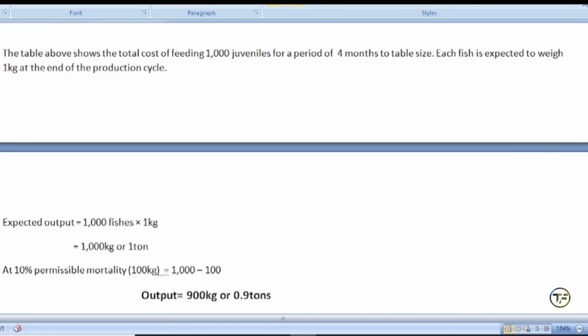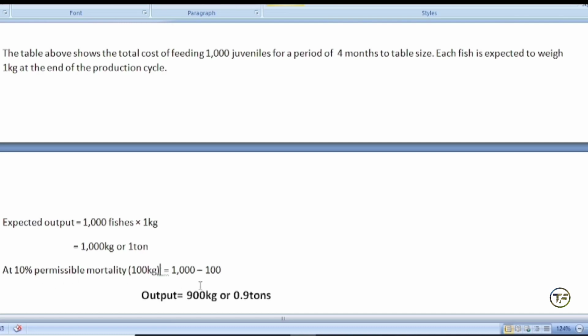Now there is a permissible mortality rate that is accepted, and I'm keeping that at 10%. Anything above 10%, then there is something wrong somewhere with either the feed management or any other thing.